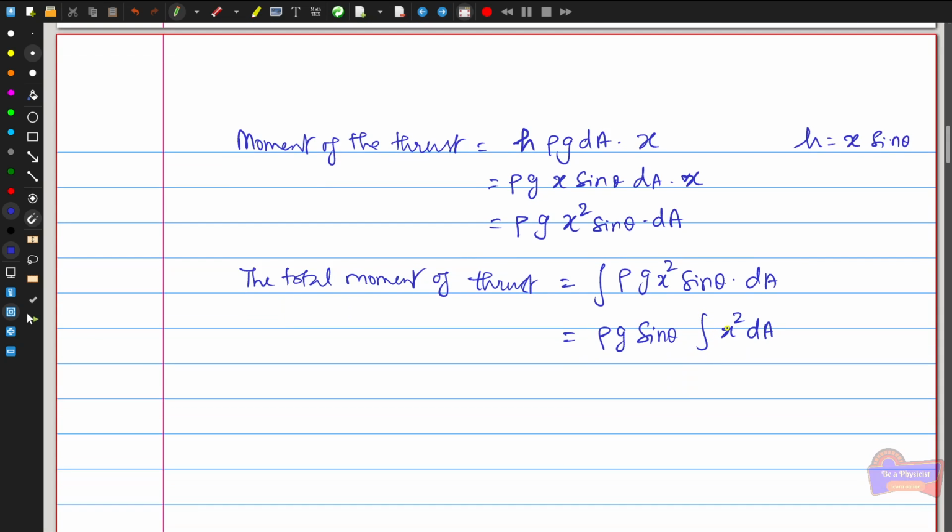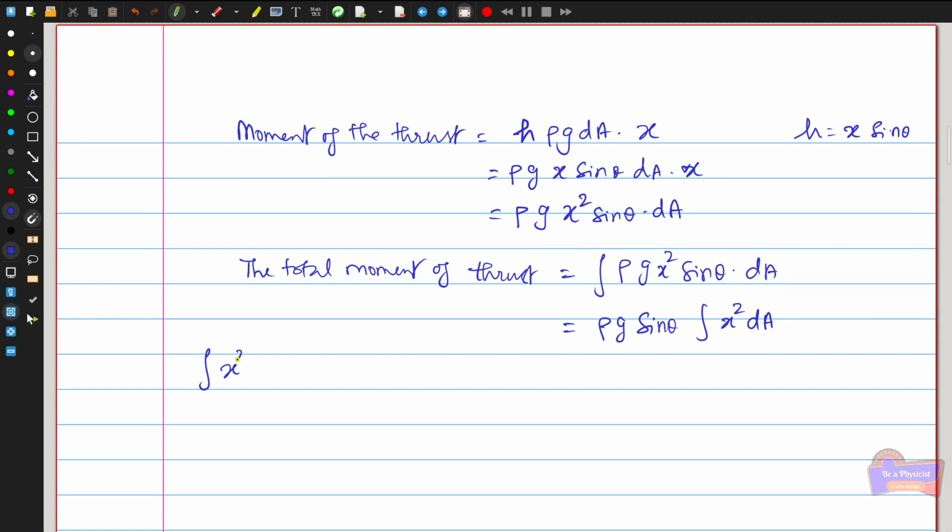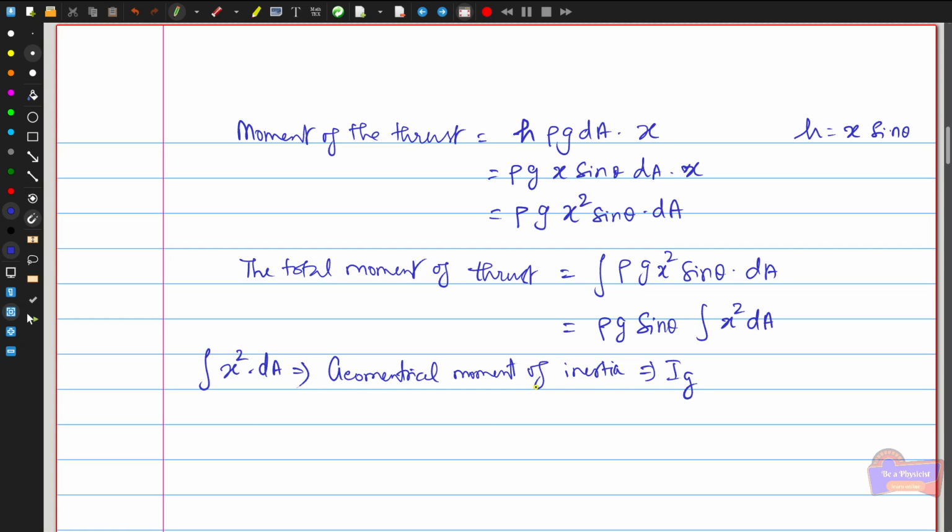Now if you look at this equation, the integration of x squared dA is nothing but the geometrical moment of inertia, which we studied in unit 2 when studying elasticity, and which we can write as Ig. That is the geometrical moment of inertia of the area A about the liquid surface.